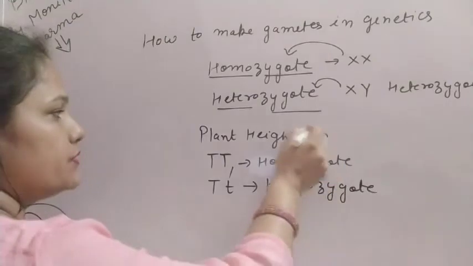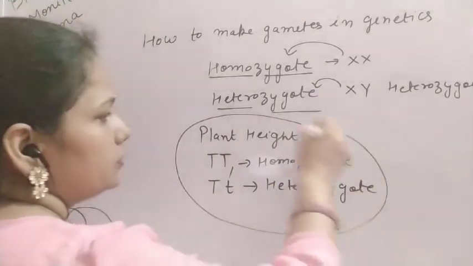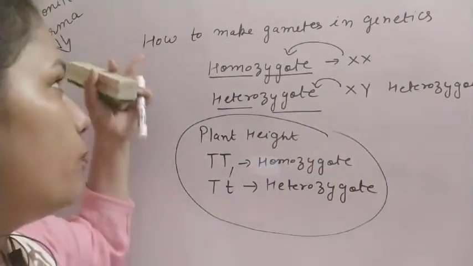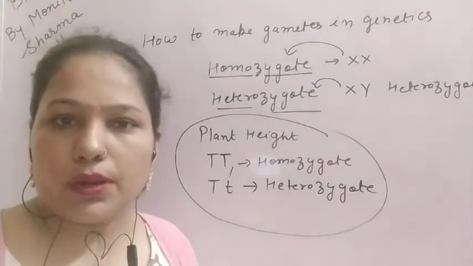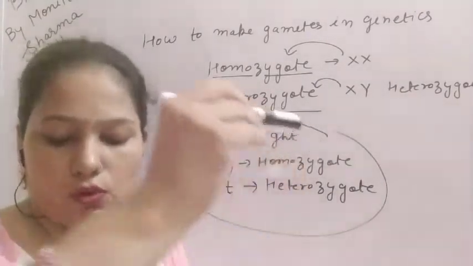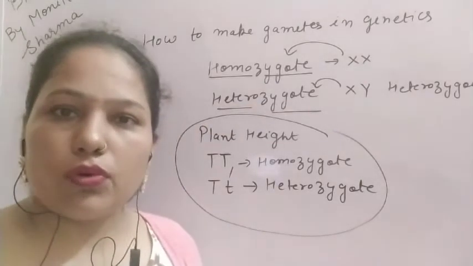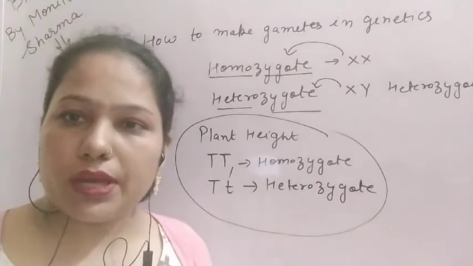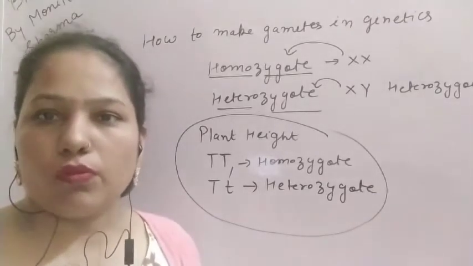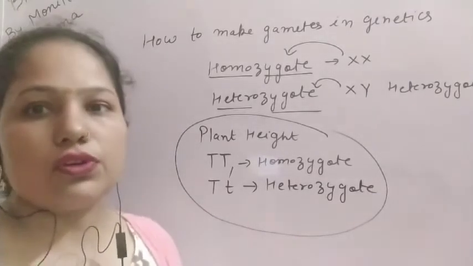So the basic principle behind this topic, how to make gametes, is that we have to count the number of heterozygote. If we count the number of heterozygote, then we can find out how many gametes will be formed in any type of cross.